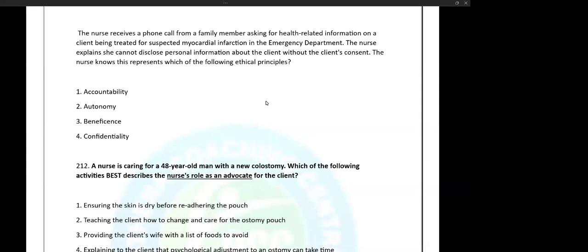The nurse knows this request represents which of the following ethical principles? Yes, you can drop your answers.